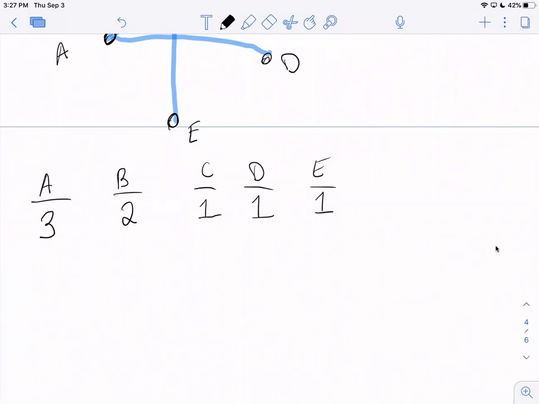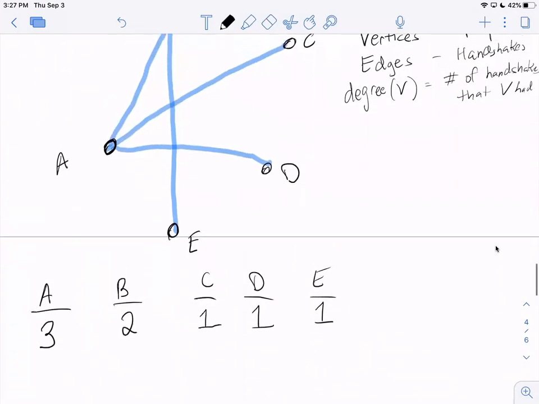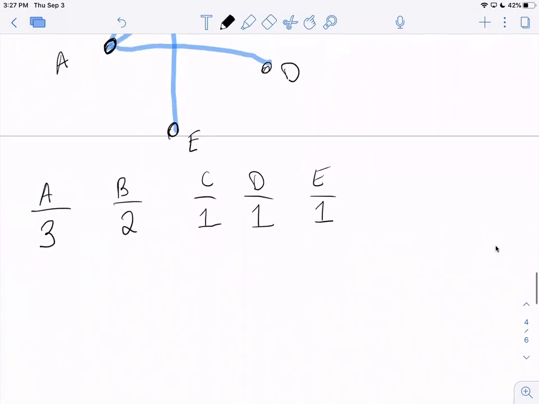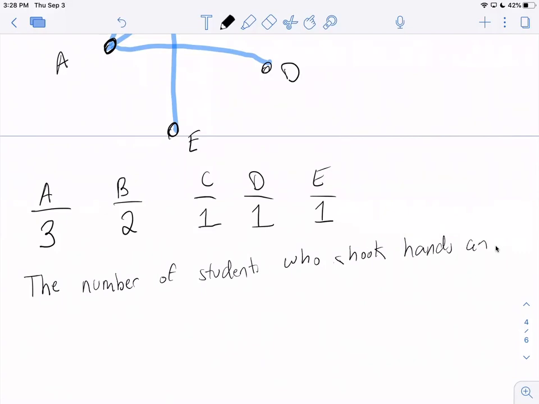So here's the statement. No matter how many people there are, no matter how they shake hands, the following statement will always be true. The number of students who shook hands an odd number of times is even.